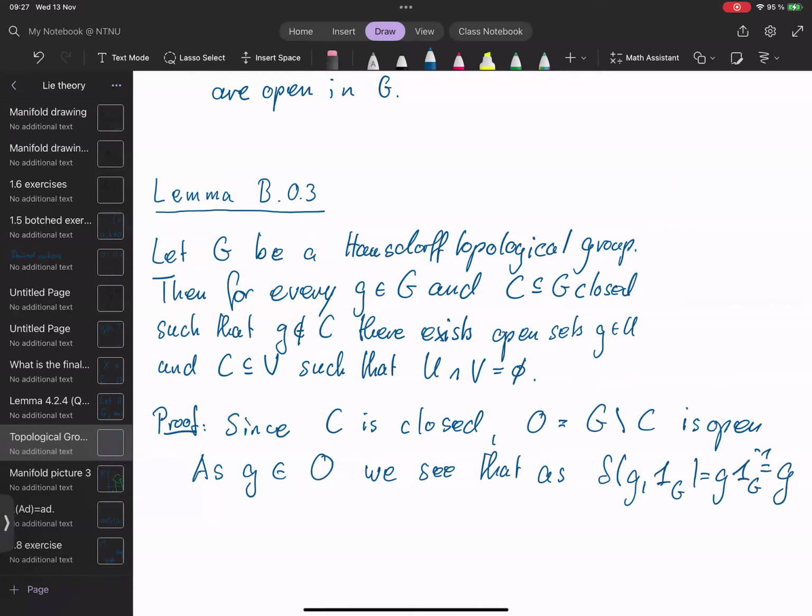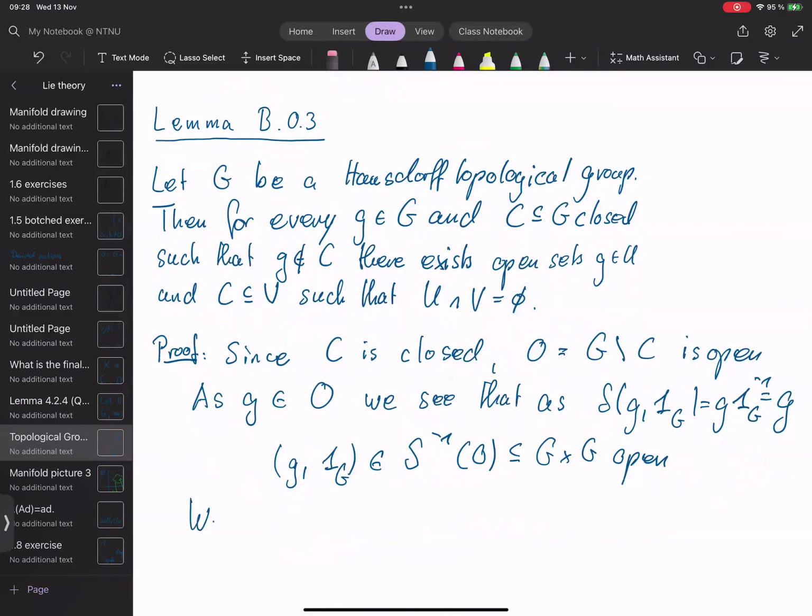So this pair (g, e) is contained in the pre-image of O, and since the pre-image of an open set under a continuous map is open, this is an open subset of the Cartesian product.